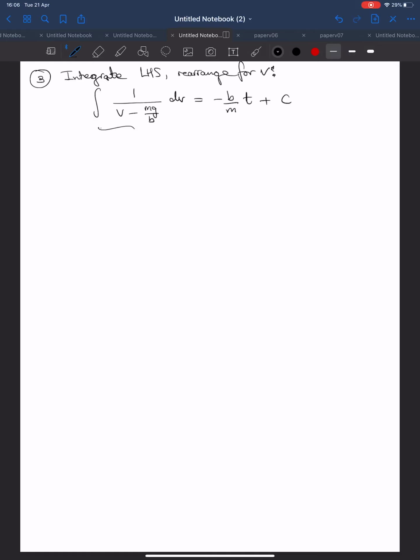Okay, so the left hand side is just the logarithm of the modulus of v minus mg over b. So this is this. Then I'm doing the rearrangement. To do this, I just take the exponential of both sides, standard stuff.